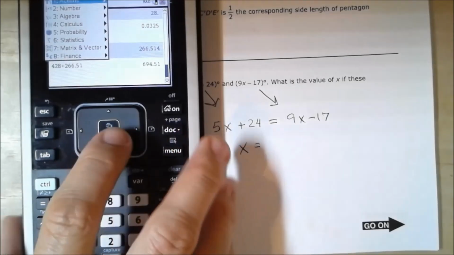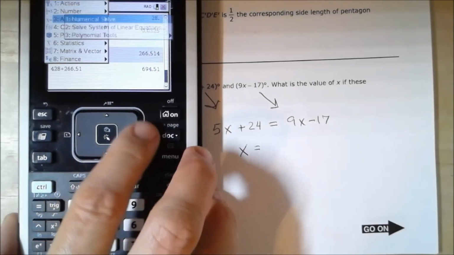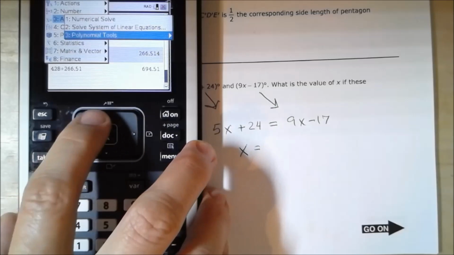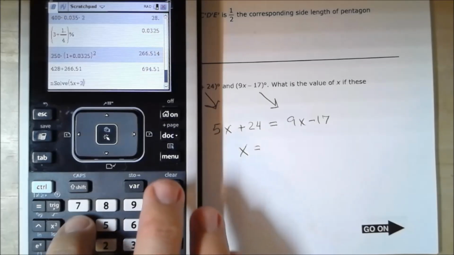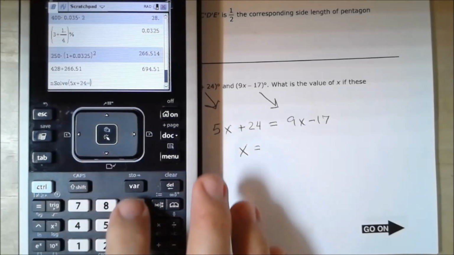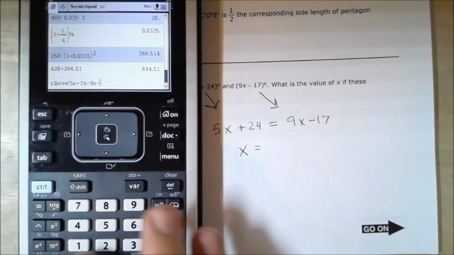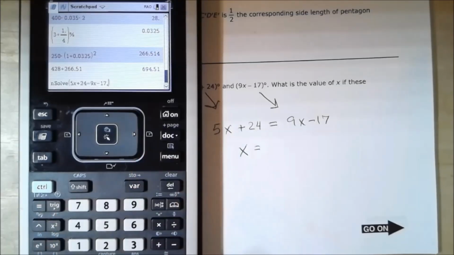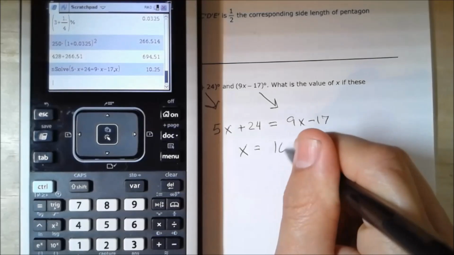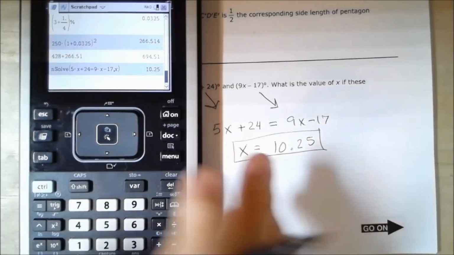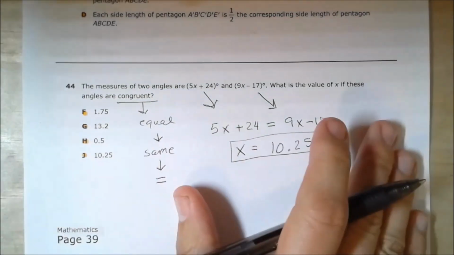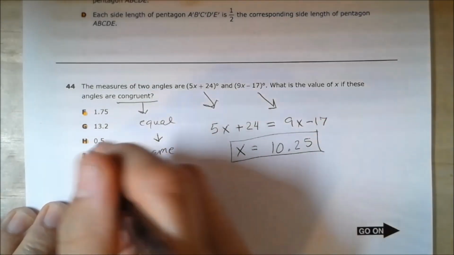I'm going to hit menu, go down to algebra, numerical solve, and we have 5x plus 24 equals 9x minus 17, comma, x, because we want to solve for x. And it's going to give me 10.25. That is my answer. So let's see what answer choice matches up most closely to that. And our answer is J.